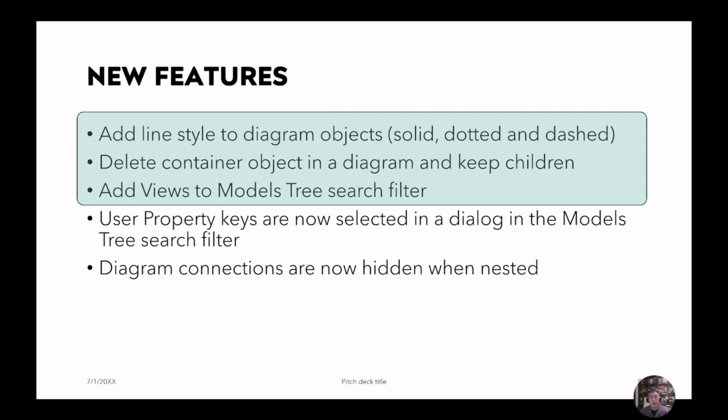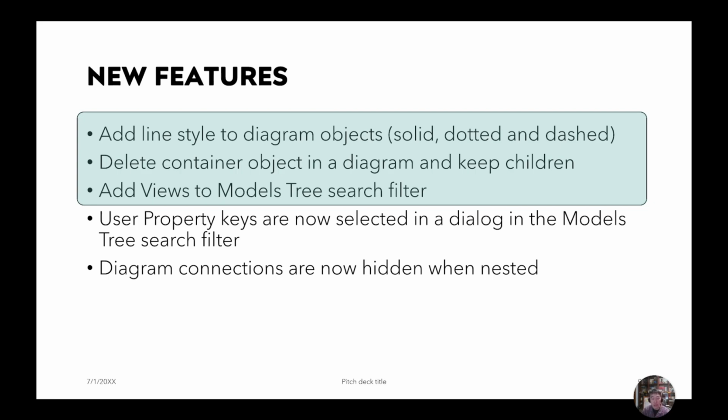I'm not quite sure why this is a new feature, because when I drag an element into a nested box or element, the connection doesn't show, but is automatically hidden. But what does this connection nested mean? I haven't got that yet, but maybe later on we can find some way to show it.